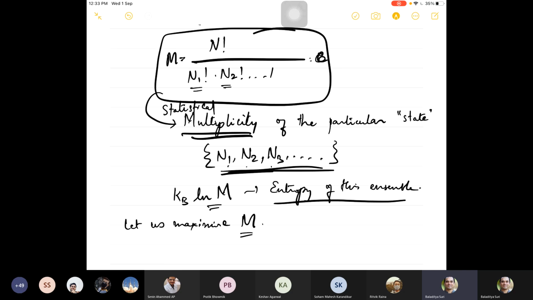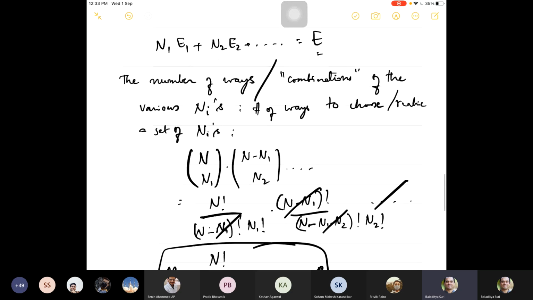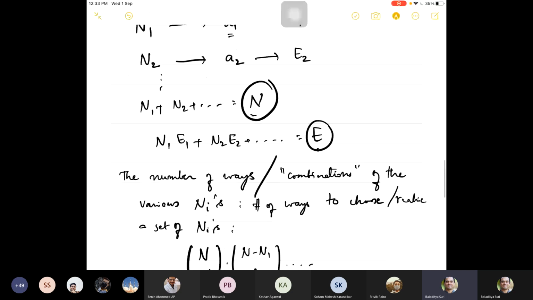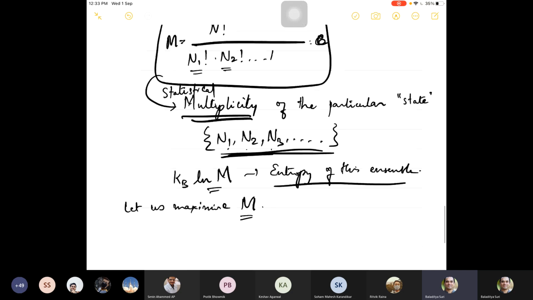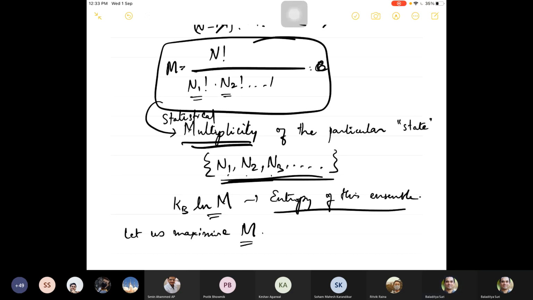But you can't just maximize. I can choose very large n's, and n1s and n2s and n3s, and keep going. No, you have constraints. The total energy of the system has to be constrained to E, and the total number of systems in the ensemble has to be constrained to capital N. So the problem is to maximize a particular function of these ni's while keeping the total number of systems constant and the total energy of the systems constant.